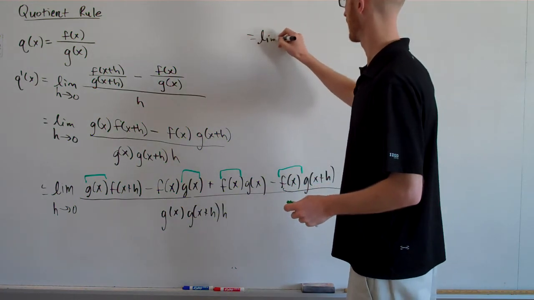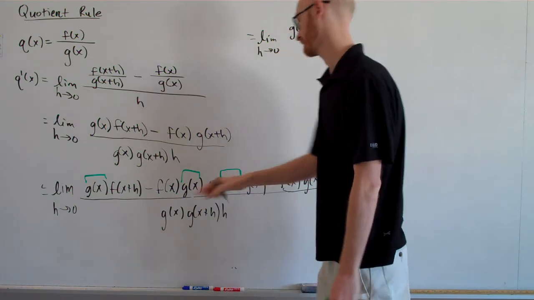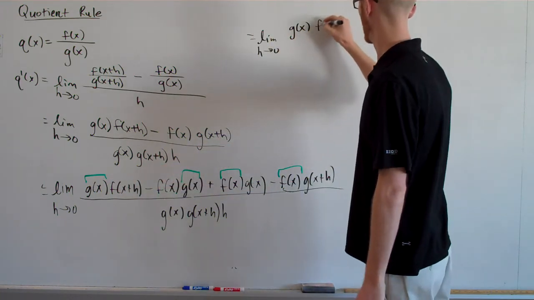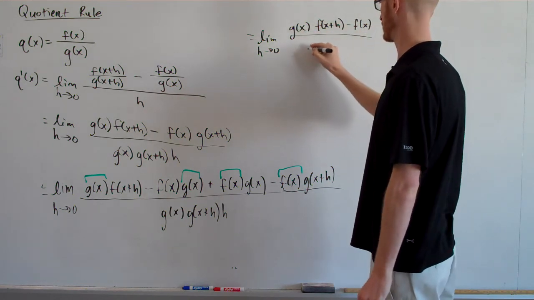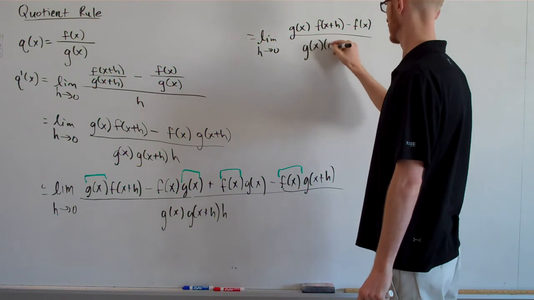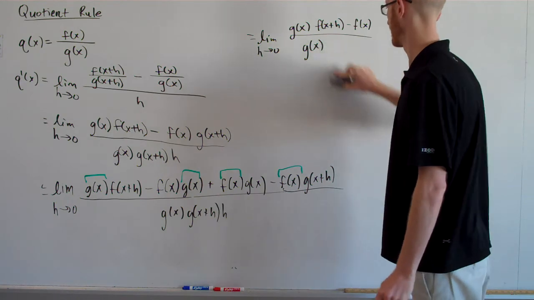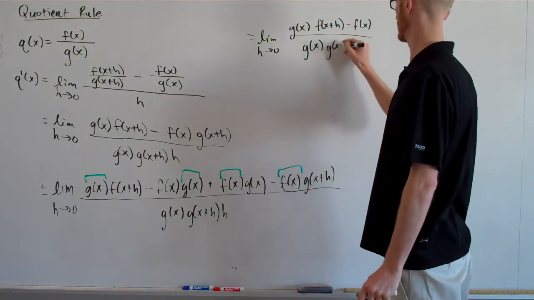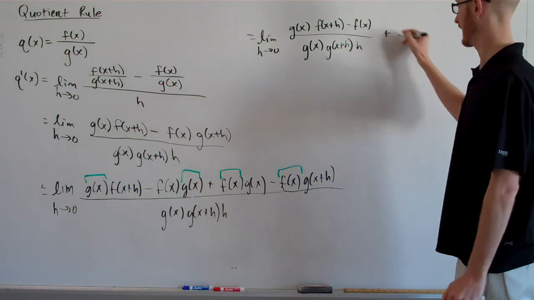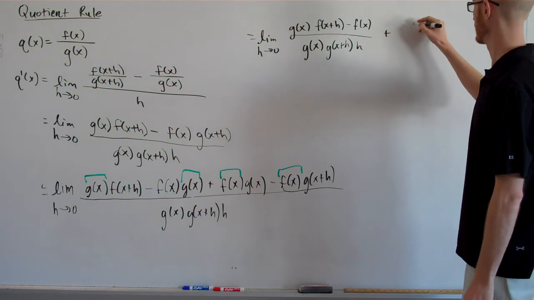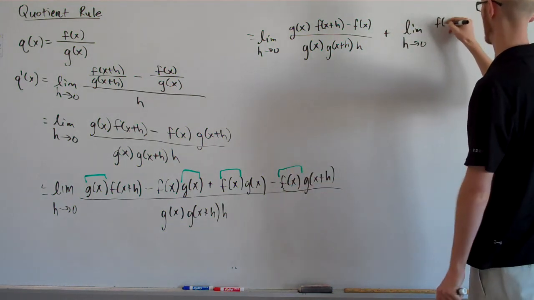So we'll have our limit, and g of x times f of x plus h minus f of x over g of x, g of x plus h times h, and then add to that the second part with, so I'll just put the limit over here as well, f of x factored out.